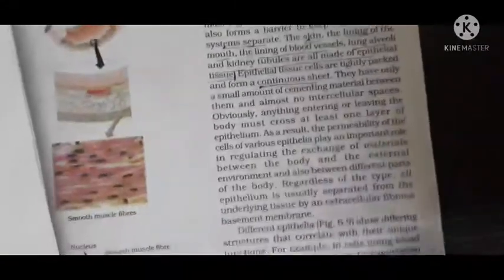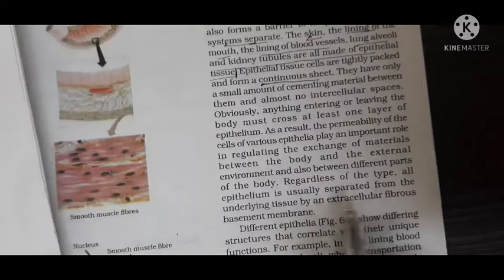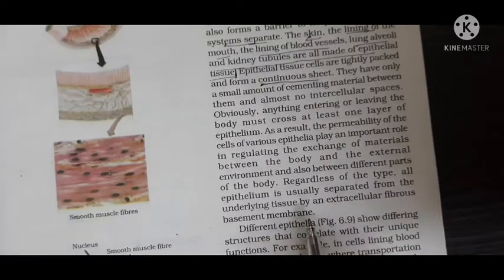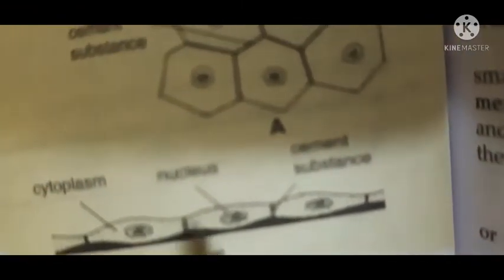This epithelial tissue is separated from the underlying tissue by an extracellular fibrous basement membrane. You can see here, can you see nicely? This is that basement membrane, and these are the epithelial cells. So this basement membrane separates this tissue from the other tissues.